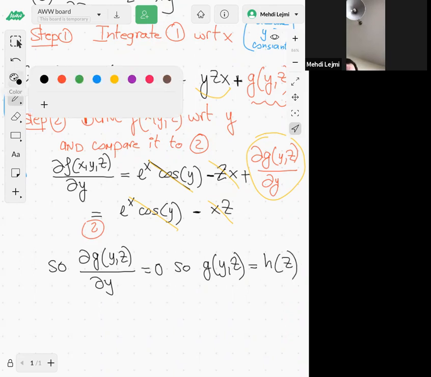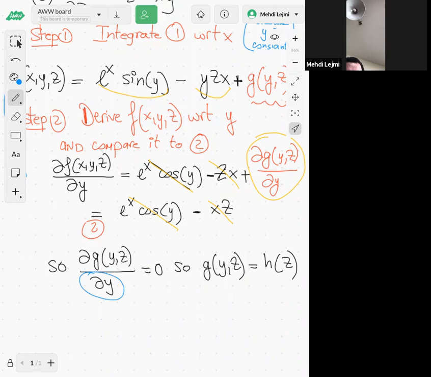Because when you derive with respect to y, if you have some function of z, then the derivative with respect to y would be 0, right? The derivative of this with respect to y would be 0. So in this case, my function is some function of z.